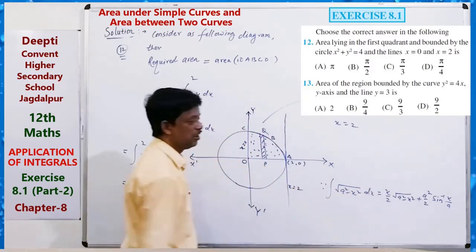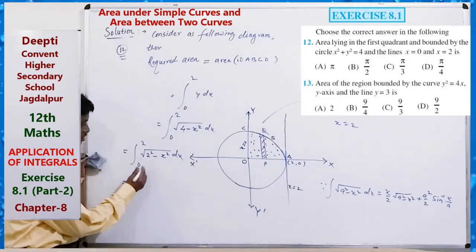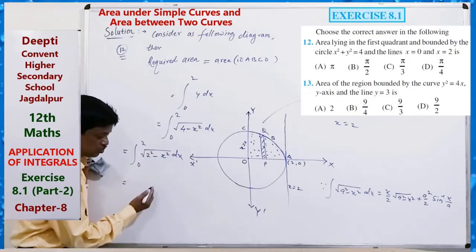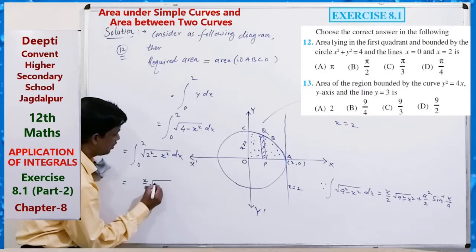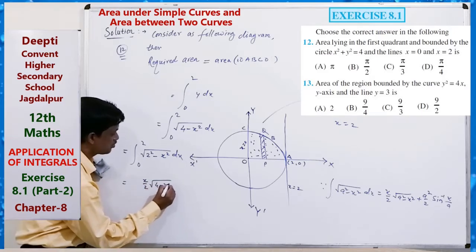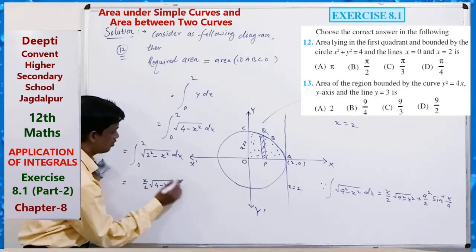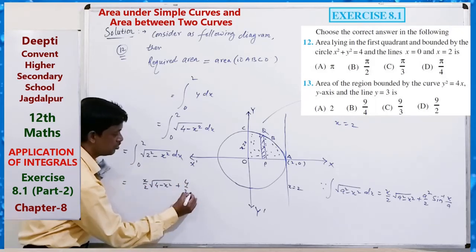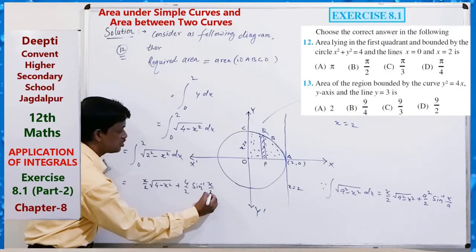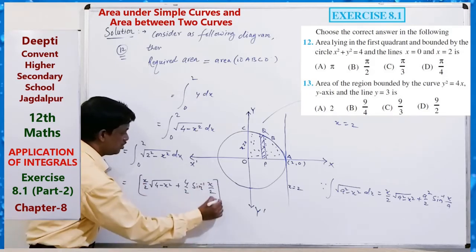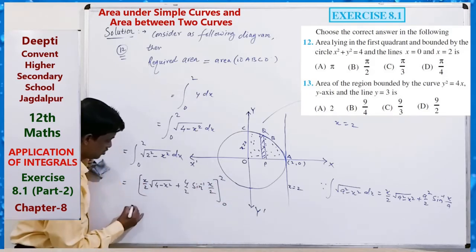Since this is the formula, in place of a here we use 2. So x by 2 root of 4 minus x square plus 4 by 2 sin inverse x by 2. In this you have to put limit 0 to 2. So solve it.